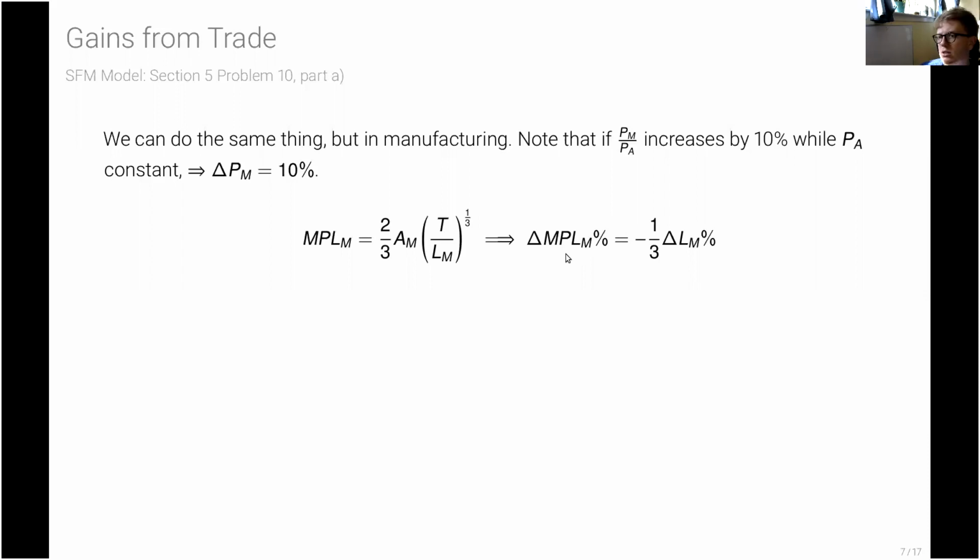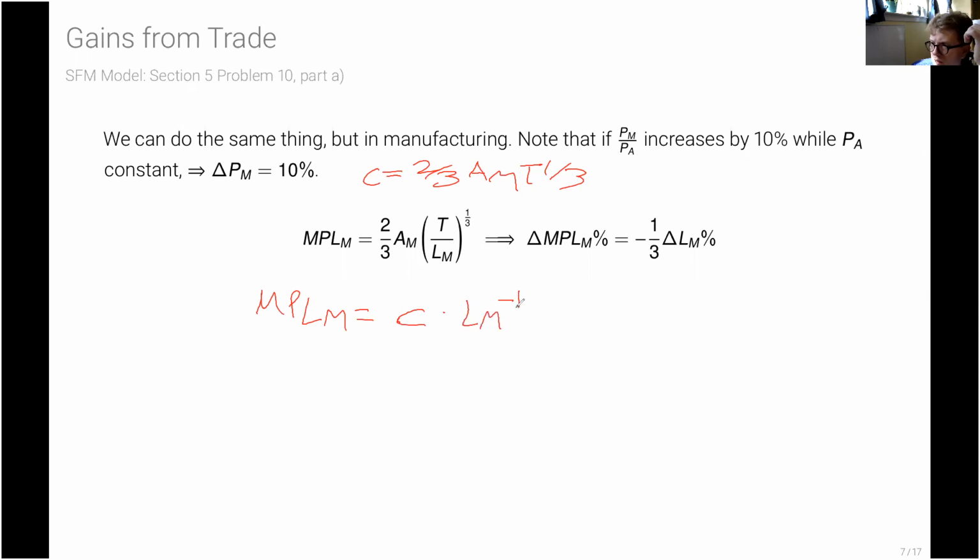So given what we saw in section 0 about percentage change rules, the percentage change in the marginal product of labor in manufacturing is just going to be equal to, we can ignore anything that's not constant. So note that if I just call everything that's constant here C, then I can just rewrite MPLM is equal to C times LM raised to the 1/3.